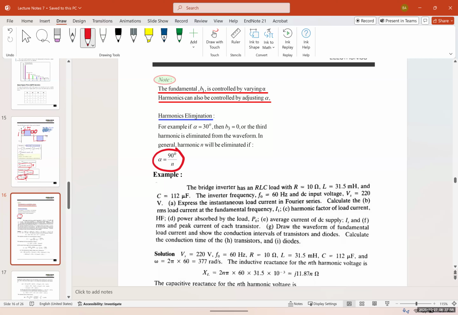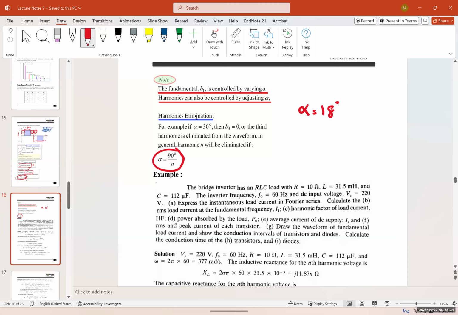Okay, so if alpha is 18 degrees, which harmonic would be eliminated?